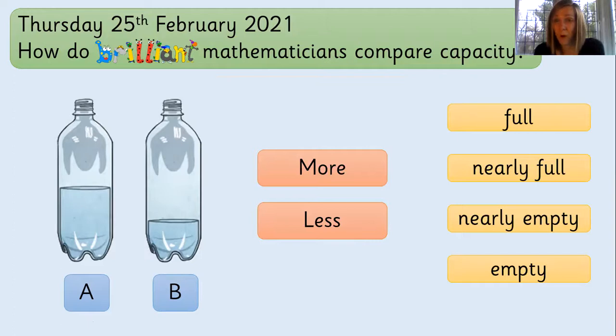So I've used one of my words that I learned yesterday, and I've used it to give a reason for why I think I'm right with my more and less than. So I've compared those bottles. Bottle A is more than bottle B because bottle B is nearly empty.